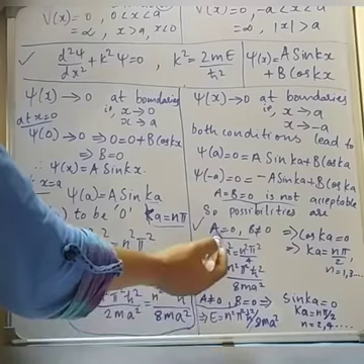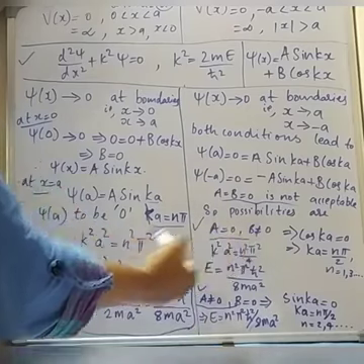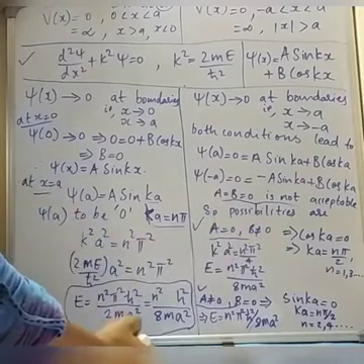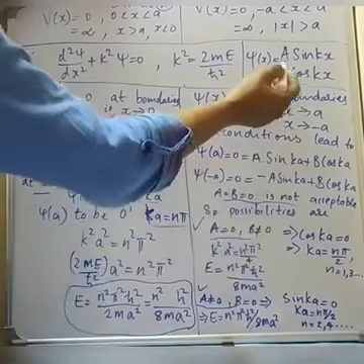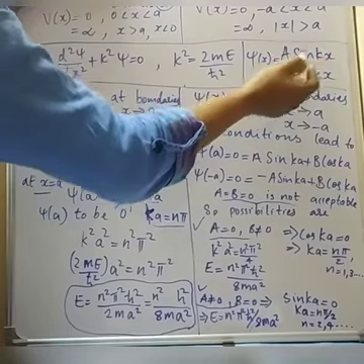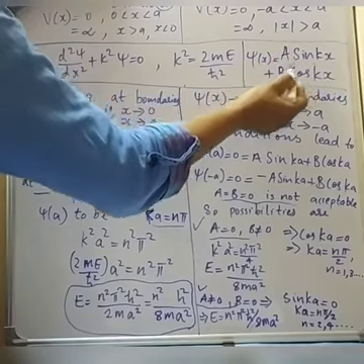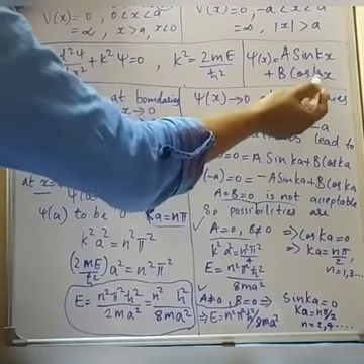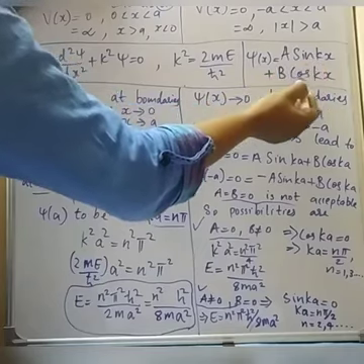First, let us apply a equal to 0 and b not equal to 0. As you know, when a equal to 0, this term will be 0, but when b not equal to 0, cos kx will not be 0. That means this has to be imposed to 0.